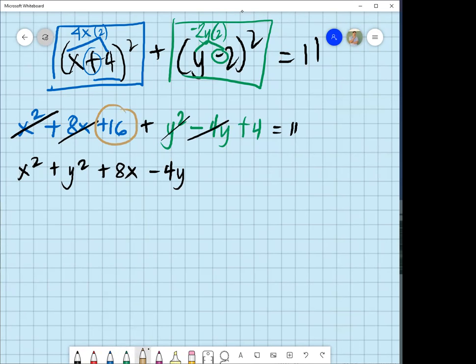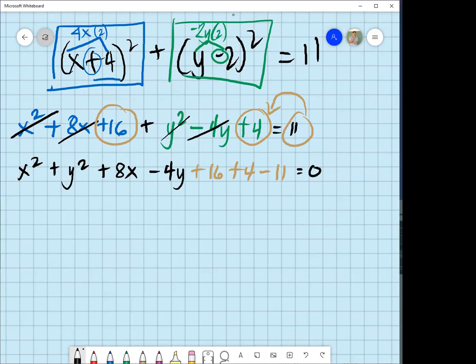Okay. And finally, there are still these remaining constants here. We have 16 and 4. And then we have 11 here. However, it's on the other side. We need to transfer it. Take note of that. Some of us forgot to transfer it. 11 remain on the other side. So therefore, 16 plus 4. Oh, let's just write them here para di tayo malito. Plus 16 plus 4. And then since 11 will be transferred to the other side, this will become negative 11 is equal to 0.